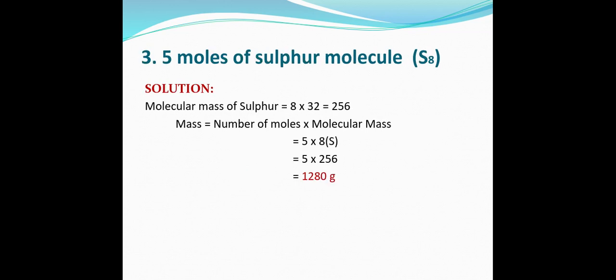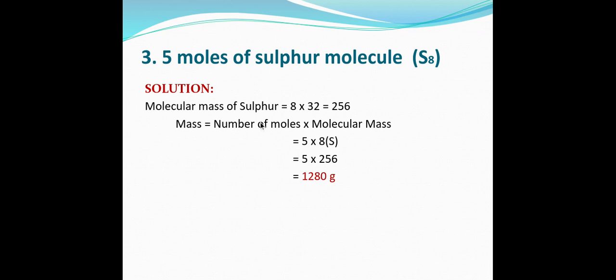Let us see the third problem. You have to find the number of grams. How many grams are present in 5 moles of the sulfur molecule? A sulfur molecule means 8 atoms are present. The atomic mass of sulfur is 32. The sulfur molecule has a crown structure. So it is 8 into 32, that is equal to 256.